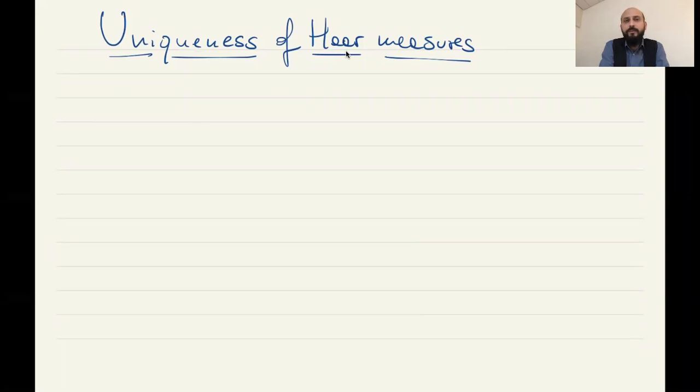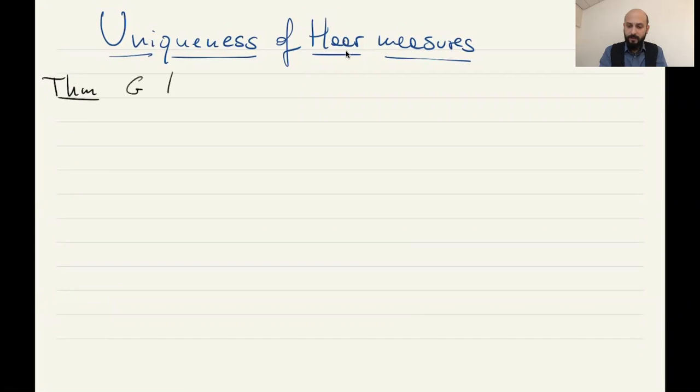Now we are going to give the last proof of this course, that is the uniqueness of Haar measures. Remember, uniqueness is up to a multiplicative factor. So we are going to prove the following theorem.